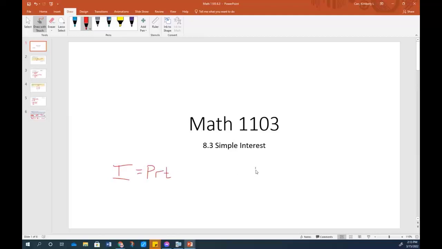And if you are doing future value, then the full amount will equal the principal times 1 plus RT. Okay, so those are the two formulas that you need to do that. And I hope your homework goes well and it doesn't take you too long.